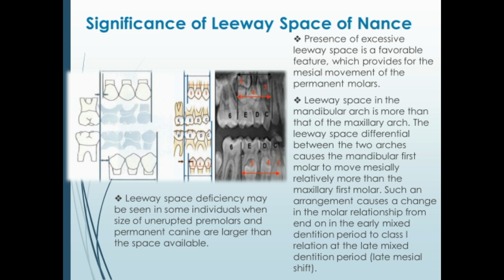The leeway space differential between the two arches causes the mandibular first molar to move mesially relatively more than the maxillary first molar. Such an arrangement causes a change in the molar relationship from end-on in the early mixed dentition period to class I relation at the late mixed dentition period, the late mesial shift.